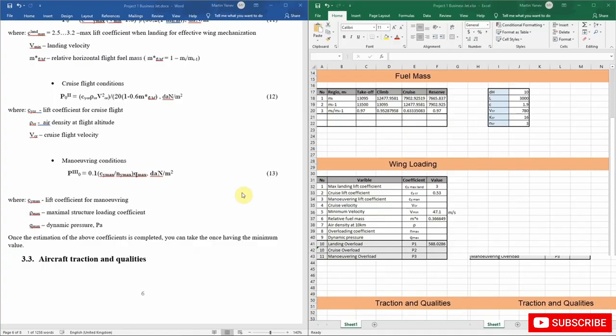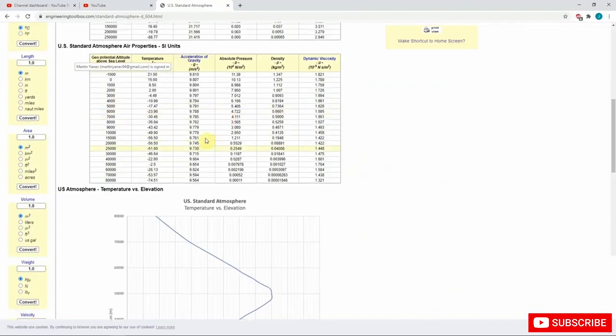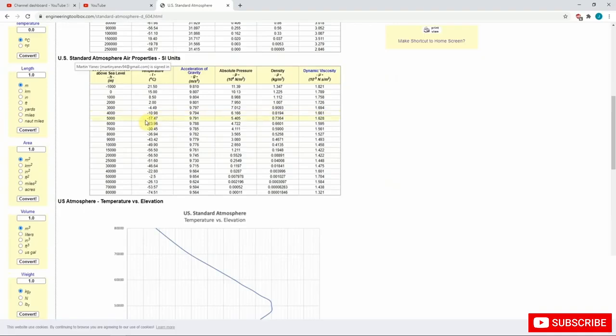Then what you need to determine is the density at the altitude we're flying at, and usually our flight is going to fly at about 10,000 meters. You can simply check on Google the air density for 10,000 meters. In SI units at 10,000 meters we have a density of about 0.41, so this is the value we're going to be using.